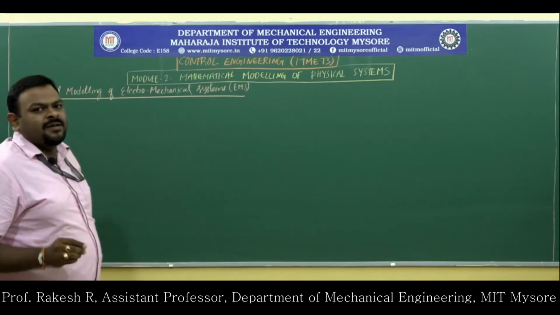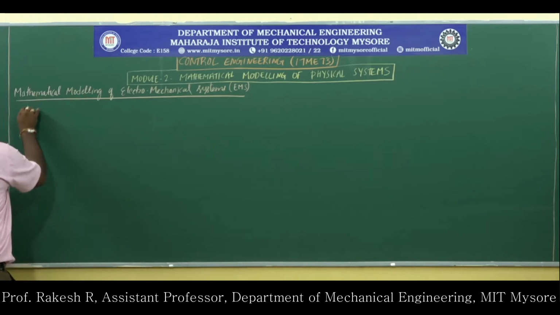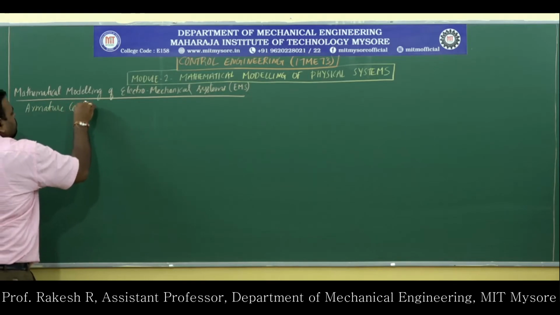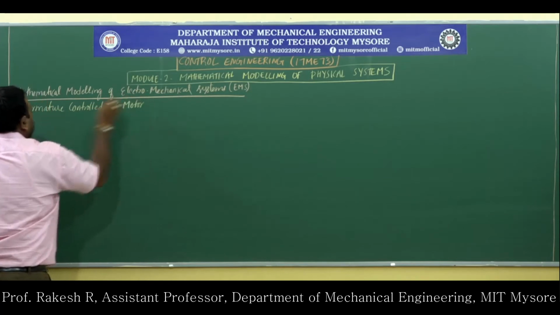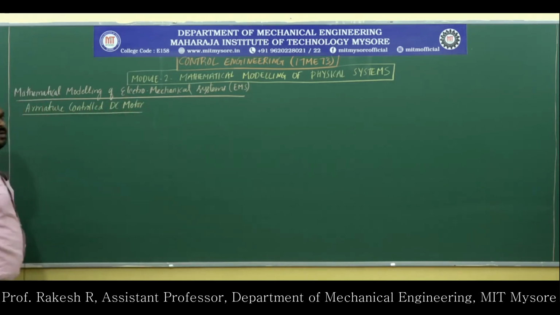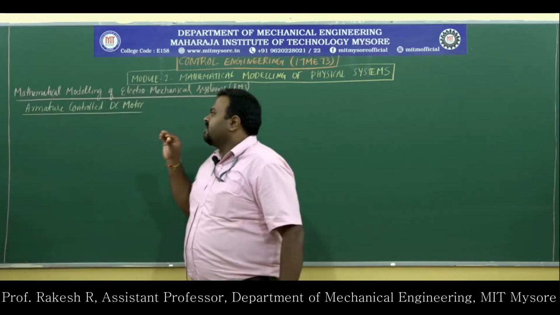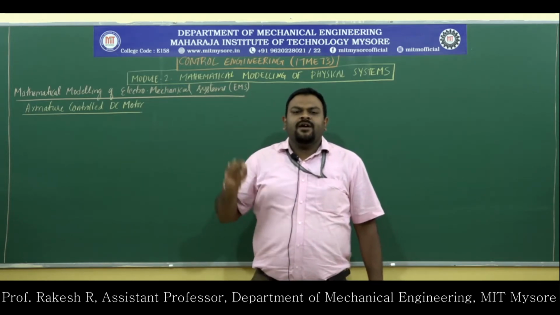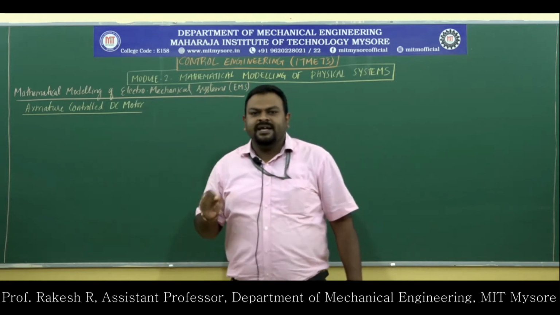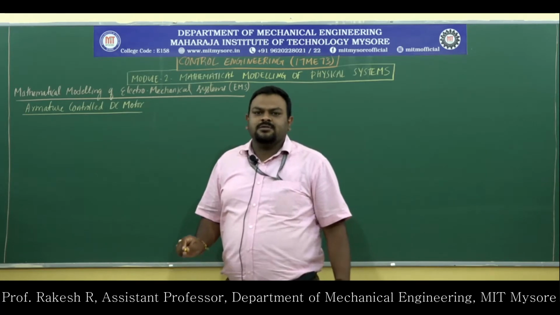Let us see the mathematical modeling for the armature controlled DC motor. As per the definition, an armature controlled DC motor is an electromechanical system in which the speed of the DC motor is controlled by the armature supply voltage while the field supply voltage remains constant.